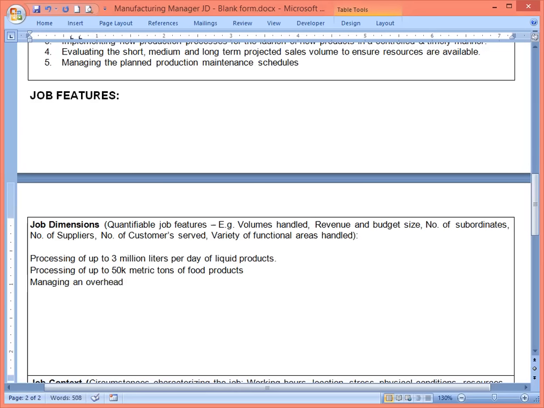Budget, right? In manufacturing the overhead is around 10% of the budget, because the biggest budget goes to the direct materials, the raw materials, around 80 to 90% materials, right?